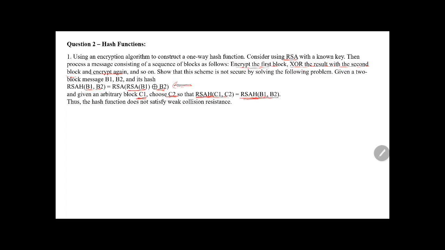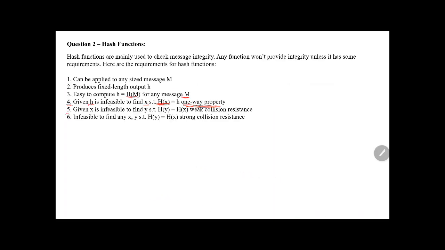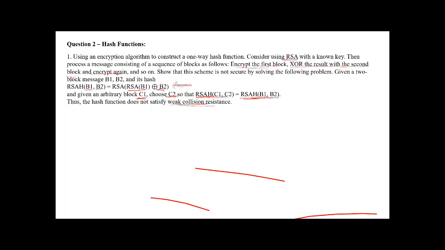So the question here is asking us to find a collision to prove that this hash function is not correct. Thus, this means that we need to prove that the hash function does not satisfy the weak collision resistance. Remember, the weak collision resistance means that given a message x, it should be infeasible to find a message y such that they have the same hash.